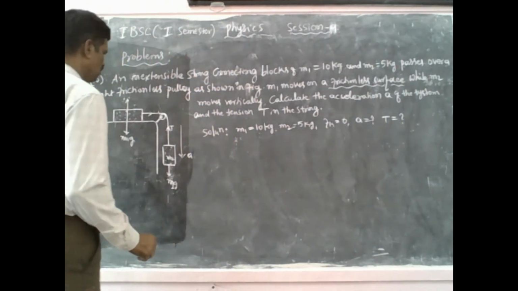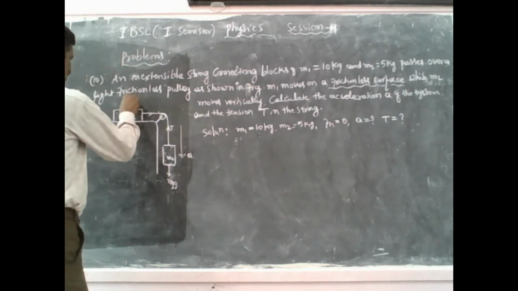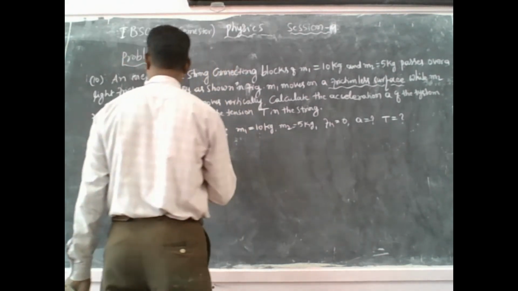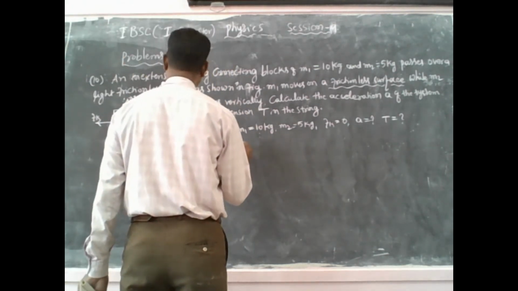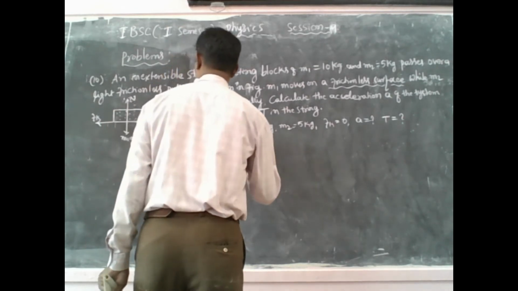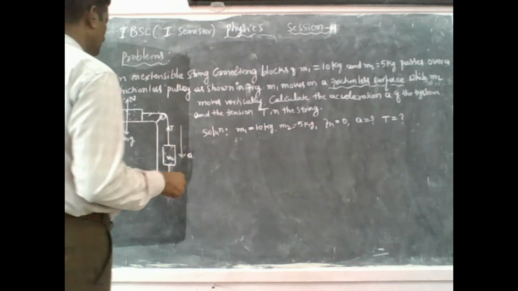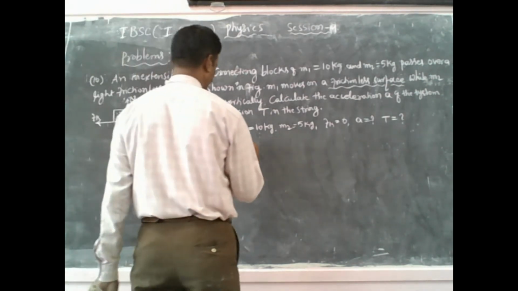So here, when the block is kept on a smooth surface and it has mass M1, the action and reaction are equal in magnitude and opposite in direction, isn't it?